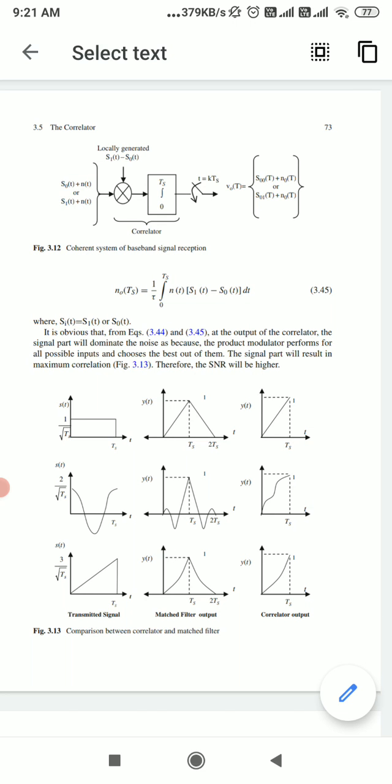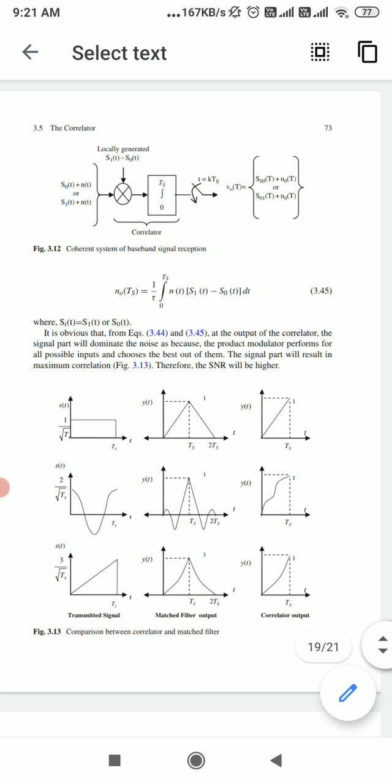So the received signal will be either S1 of t or S0 of t, along with the noise. The output of the multiplier, which contains the noise as well as S1 of t or S2 of t, is given to the low pass filter integrator.